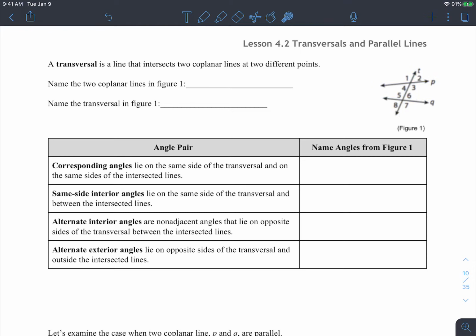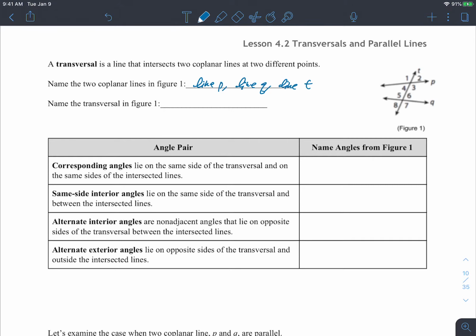All right. So the name of the coplanar lines in figure 1. Well, in this case, coplanar means that all three lines, for example, could be laying on the table, right? So that's why they're coplanar. So it'll be line P, and it'll be line Q, and line T. Transversal is also a line, right?